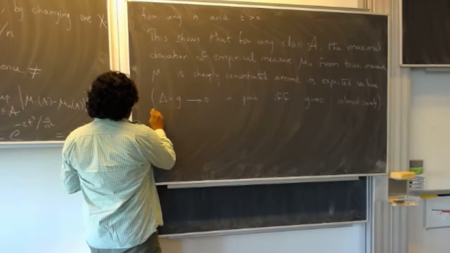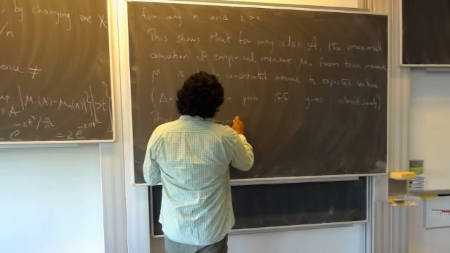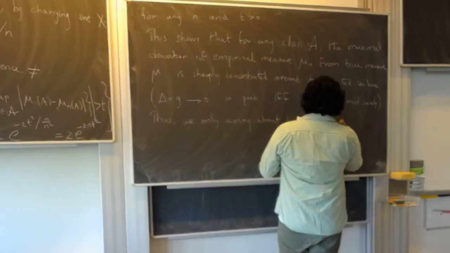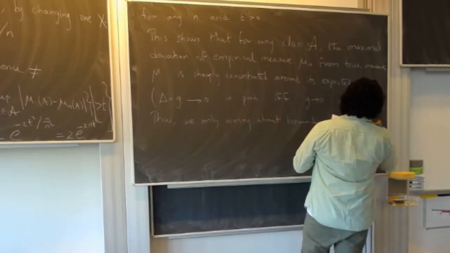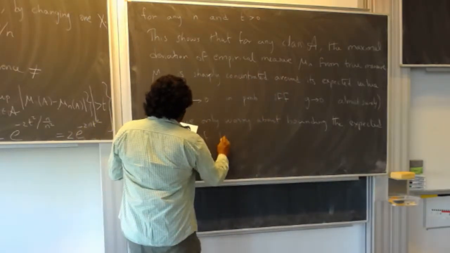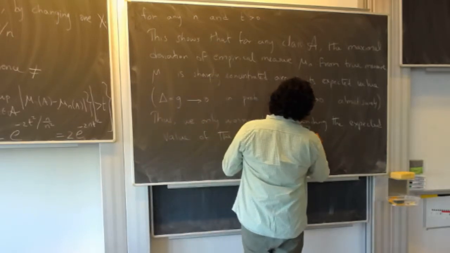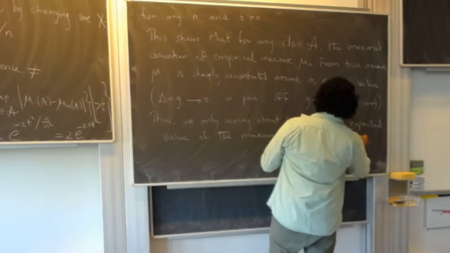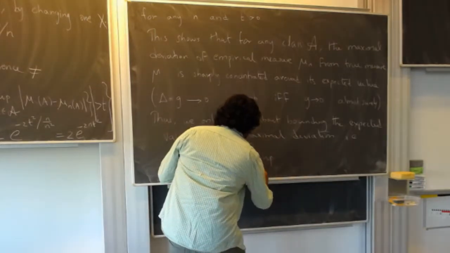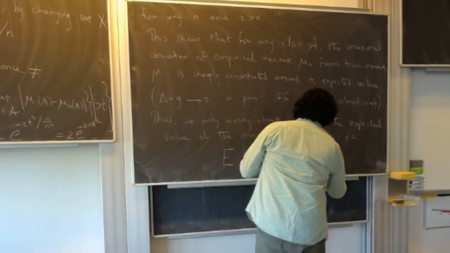And this was our plan all along: the expected value of the maximal deviation, i.e. the expected value of the supremum over all sets A in script A of mu of A minus mu n of A.